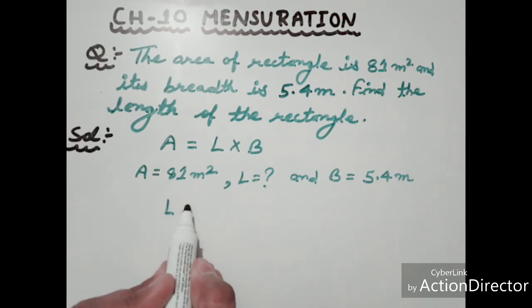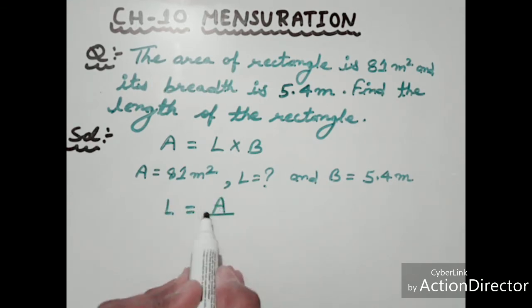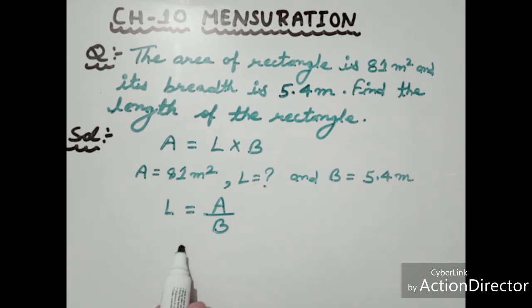So the formula of length is L equal to A upon B. So here we put the value of A and B. So L equal to 81 upon 5.4. So here we divide 81 by 5.4. We move the decimal one place, so we multiply by 10.